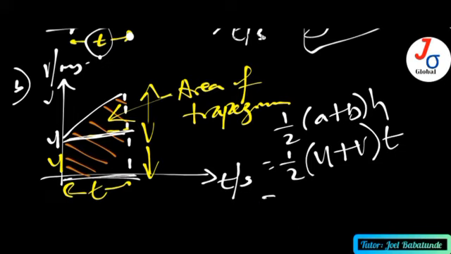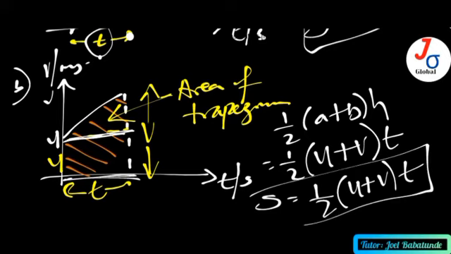So the total distance traveled is actually half u plus v, times t. So this is the second case, total distance traveled.